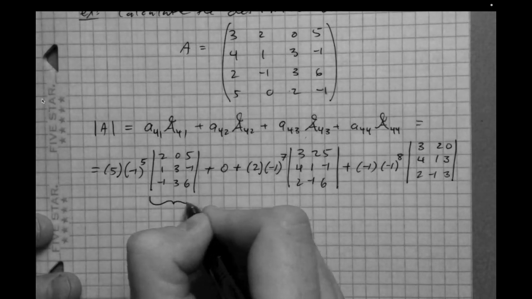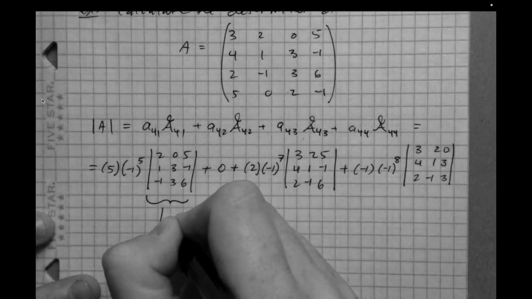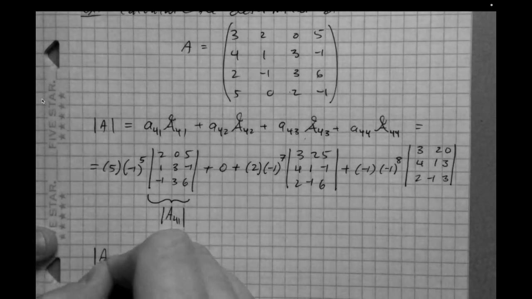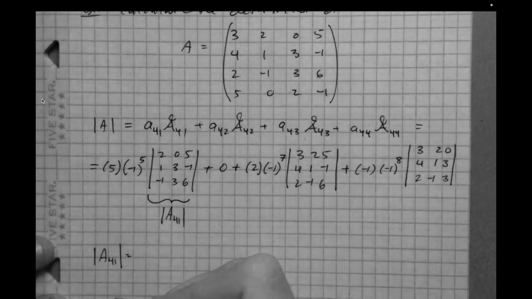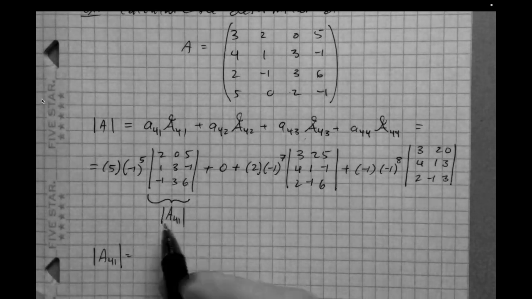Here I'm specifically interested in this one. This is the determinant of A41. So let's see what that looks like. I'm just going to apply the definition again, but this time it's applied to a 3 by 3 matrix. I'll go through this quickly.